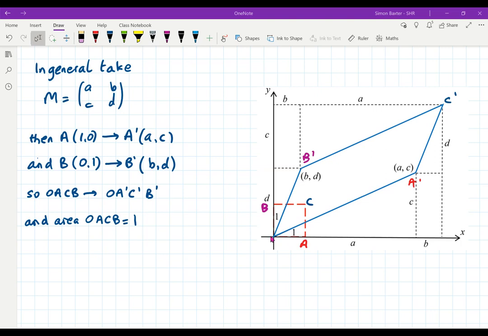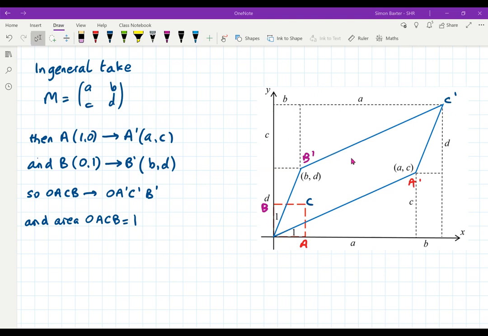Well, now let's look at a rectangle surrounding our parallelogram. The first length is A. This length is B. It's the same as the length here. And this length is D. It's the same as the length there. And so on. A plus B is the length right across.